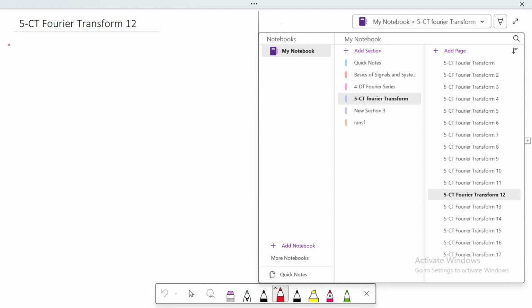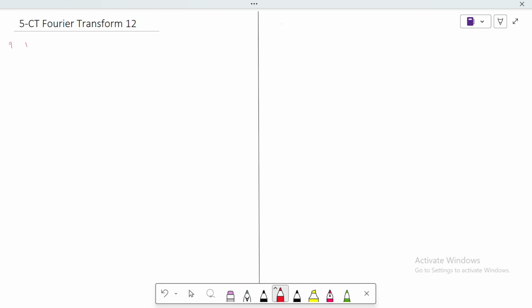The ninth property: differentiation in the time domain.